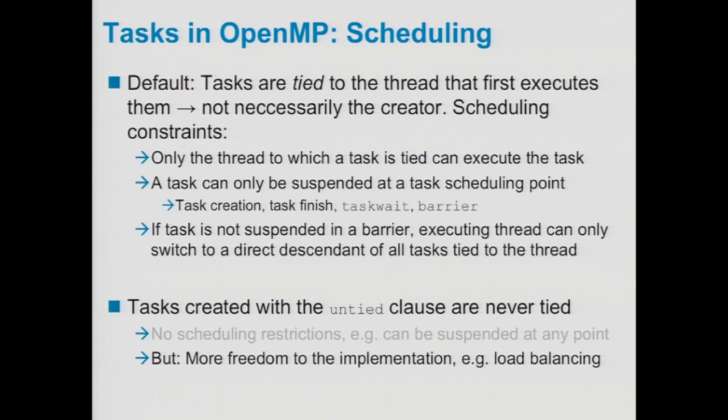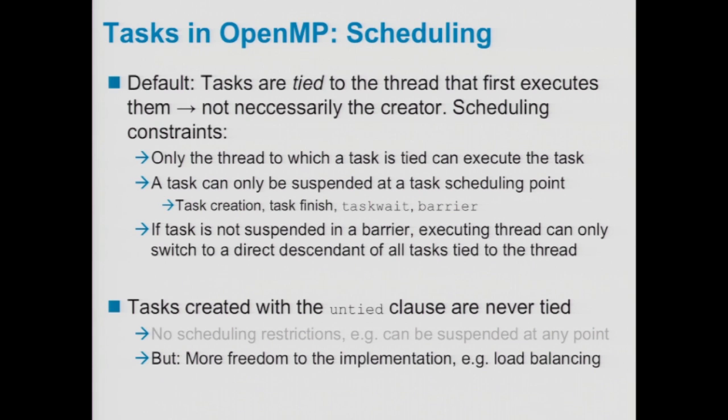Tasking introduces a different concept. It's the concept of saying, don't assign something now, defer it so that whoever's available can pick it up later. And so it kind of breaks the notion of thread ID. When a task starts executing and you call omp_get_thread_num, what does it return? Well, it returns the thread which is executing that task right now.